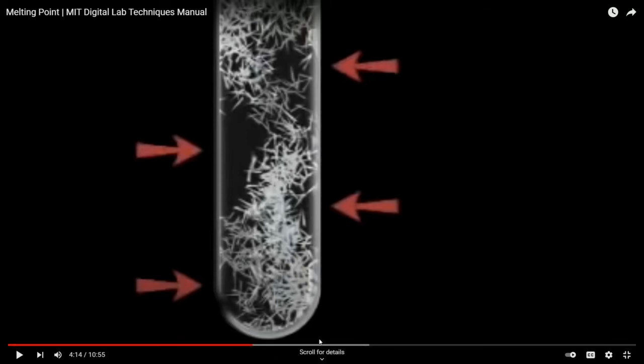So the bottom is melting, but heat is not conducting upward well, so not everything is melted. Therefore, your beginning of melting is almost correct. But you have to wait until everything melts to get the second number of the range, right?